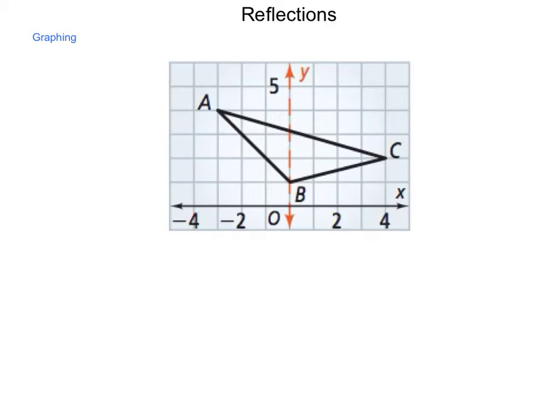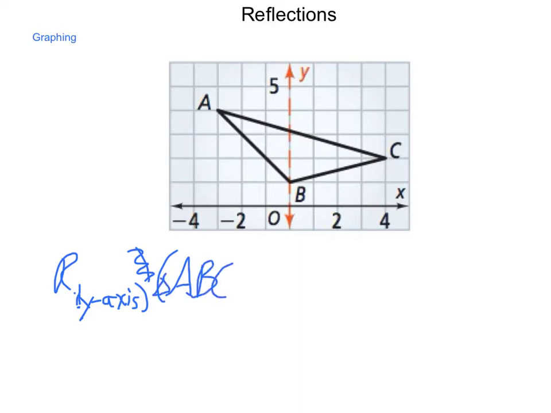And what we're going to do is reflect the entire triangle ABC across the y-axis, and from that I will create triangle A prime, B prime, and C prime. So first, how do we do this? Let's begin with point B. Since B sits on the line of reflection, it will become its own image. So we have here B prime.